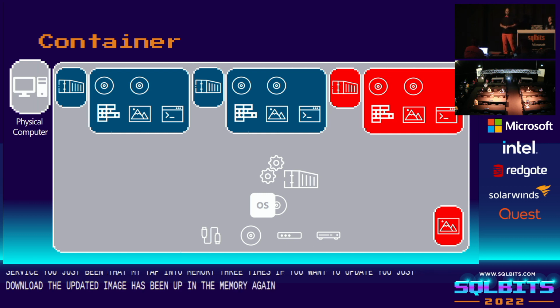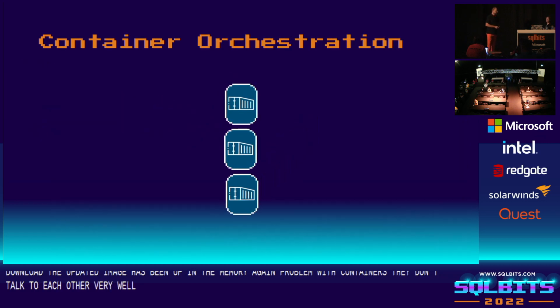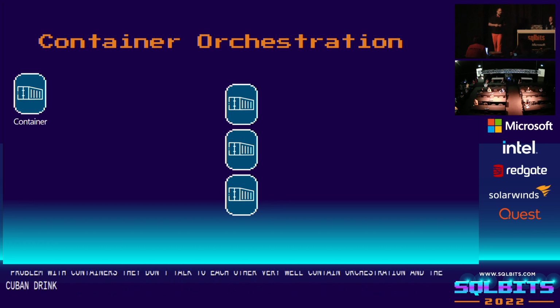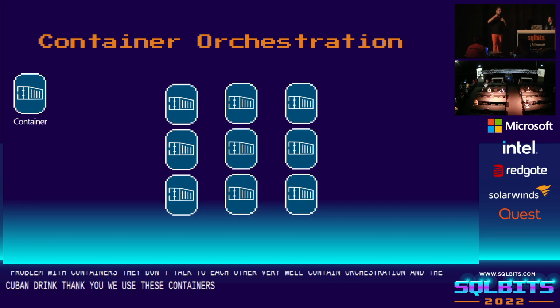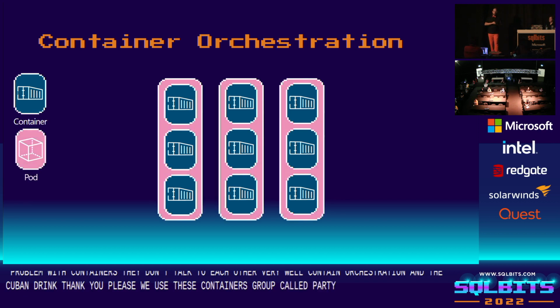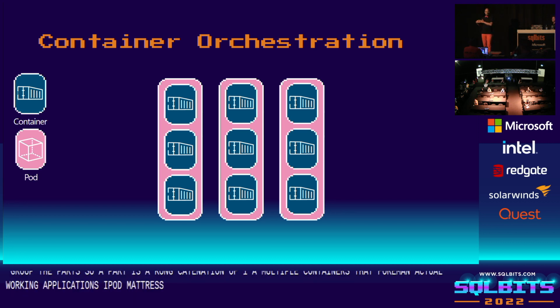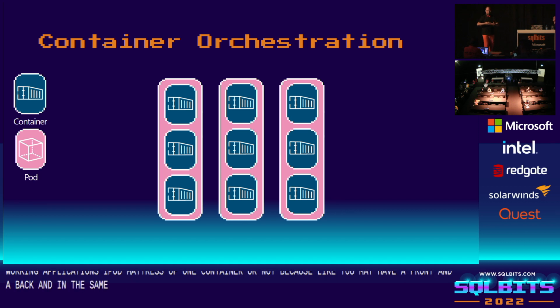Problem with containers, they don't talk to each other very well. Container orchestration. Enter Kubernetes. Drink. In Kubernetes, we use these containers and group them into so-called pods. A pod is a concatenation of one or multiple containers that form an actual working application. A pod may have just one container, or multiple, like a front end and a back end in the same pod, for example.